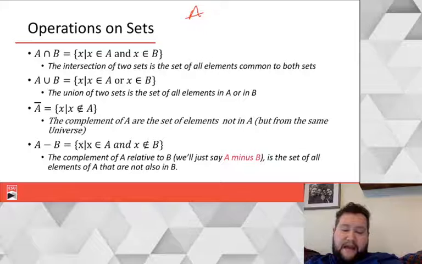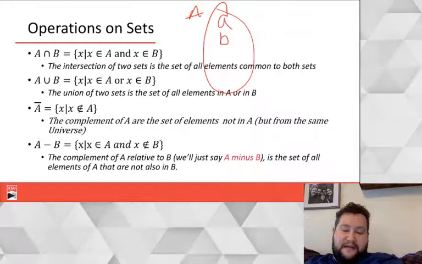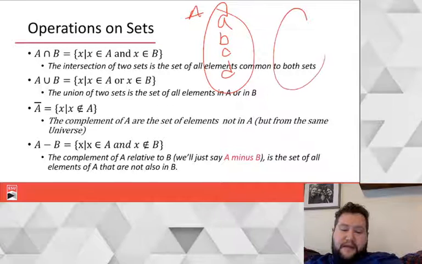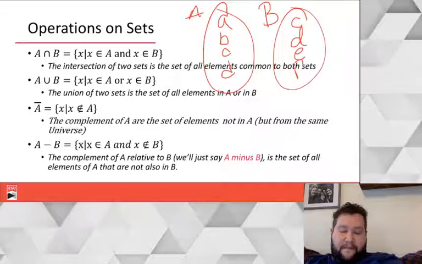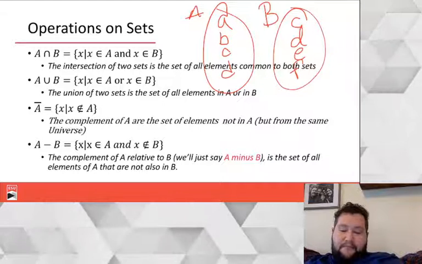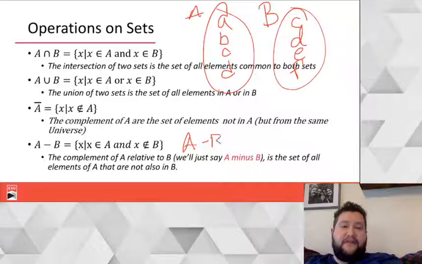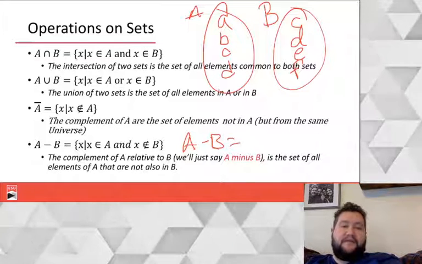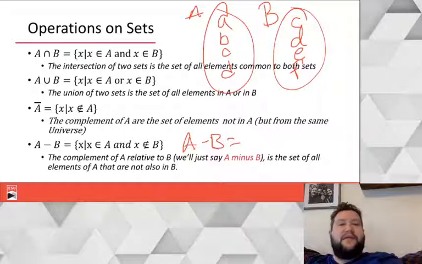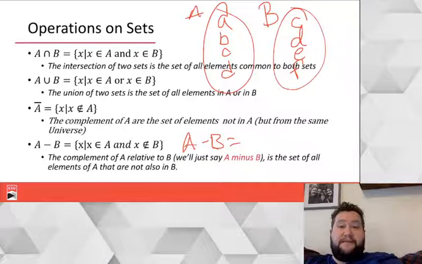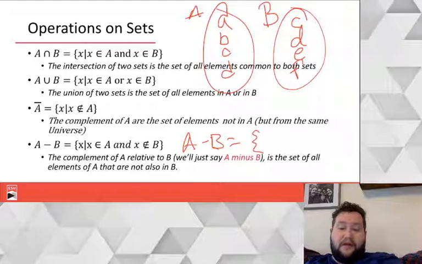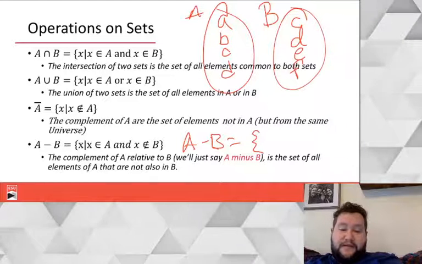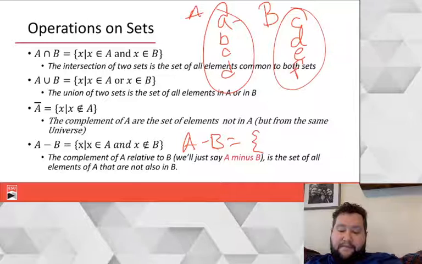If I have A, B, C, D, and B is C, D, E, F, A minus B, and the fancy term for this is the complement of A relative to B, but I would say we're going to call it A minus B, is the set of all things in A that aren't also in B. So A is in A, but not in B.